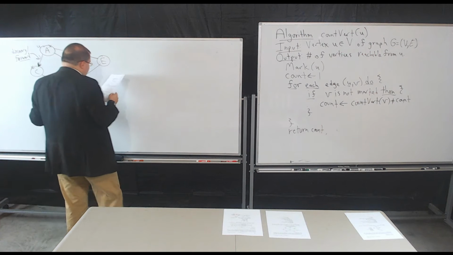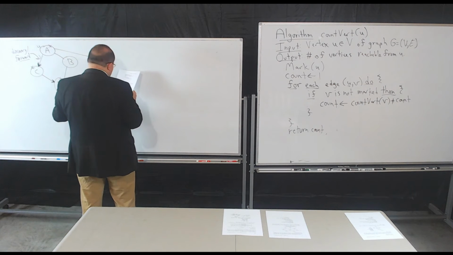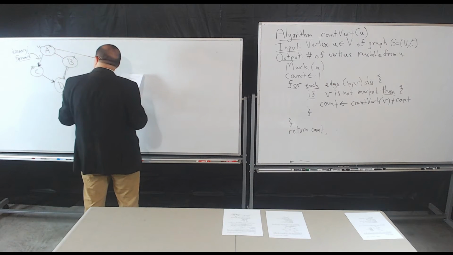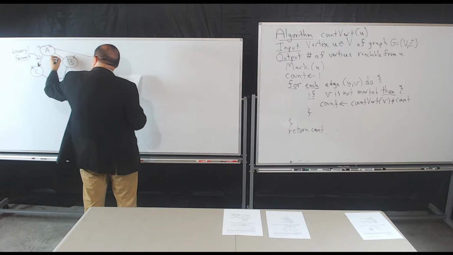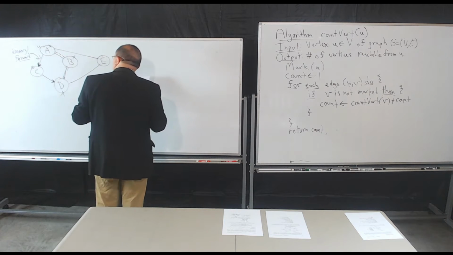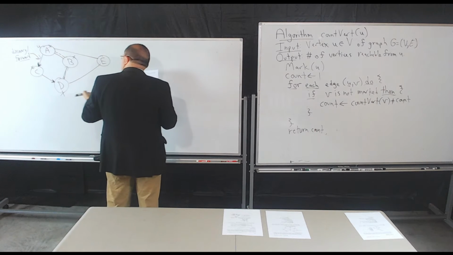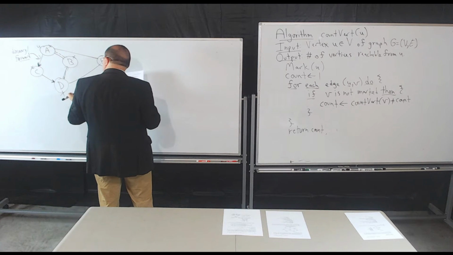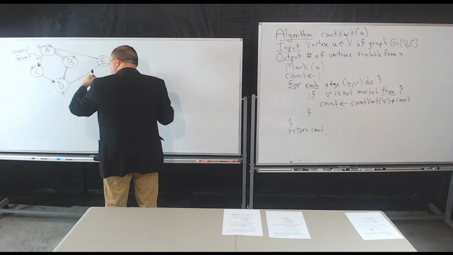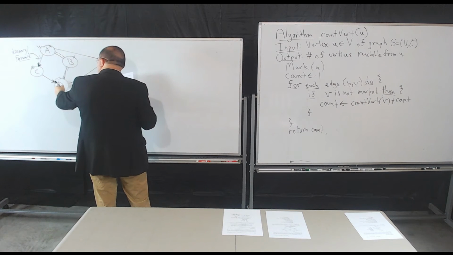Okay, now if I'm at D, what do I do? Well, I'm going to go to B next, and then I'm going to mark B. Now, what is this? This is a back edge, right? So I'm going to use some dashed lines to indicate that's a back edge. And then what am I going to do? Well, I've considered all these, so I back up. Remember, I roll back my string so I don't get lost in this labyrinth.